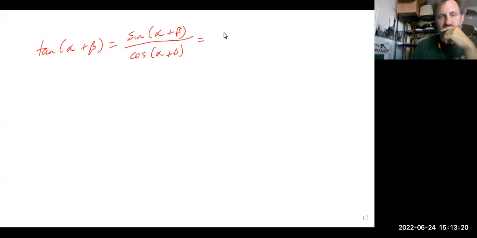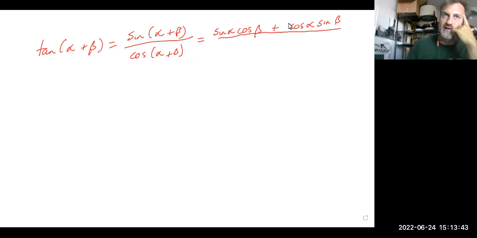sine and cosine. Honestly, the best way for me to remember that is, I typically base my, and you don't have to memorize them because I'm going to give them to you for the formula sheet, but I base my remembrance of which one it is on the double angle formula.